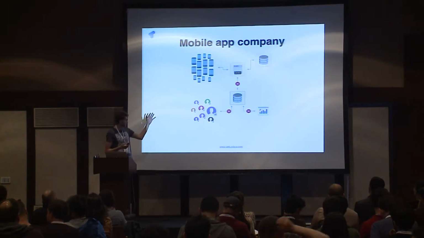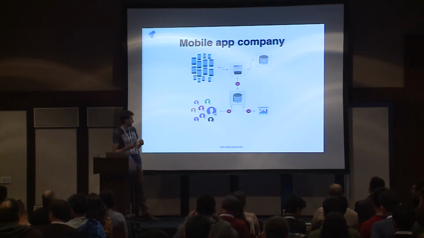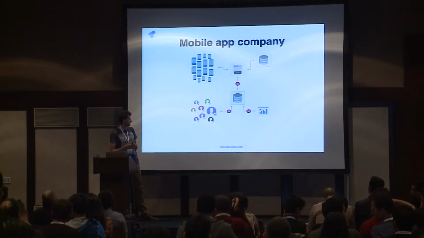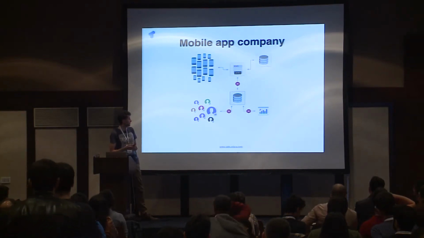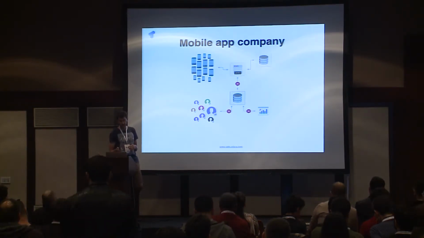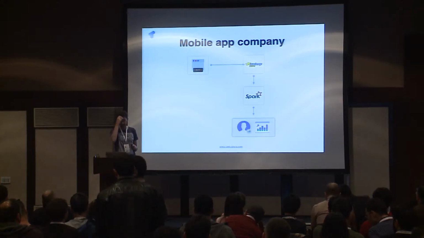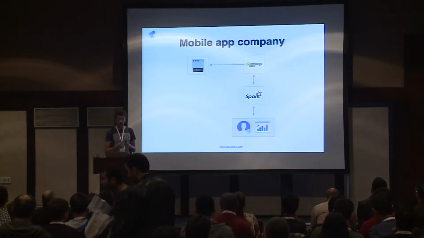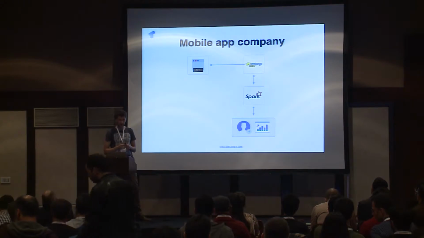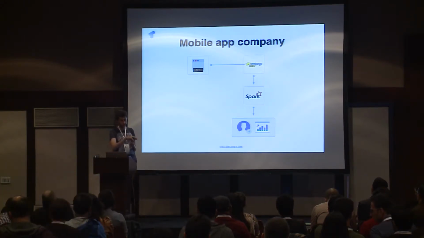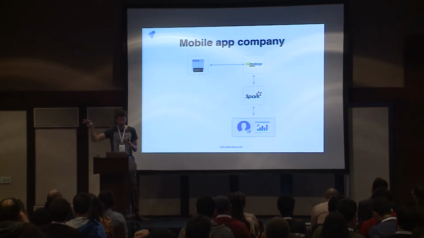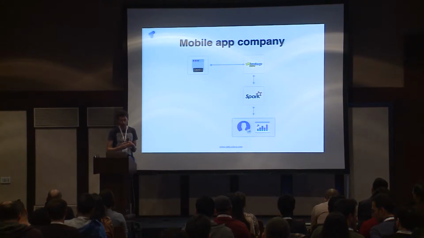And fortunately, this kind of problem is already very well known, and there are very standard solutions for it. So what I would propose now is introducing Hadoop and Spark to your ecosystem. So you store the events to Hadoop distributed file system, and you expose the Spark API to your analysts.